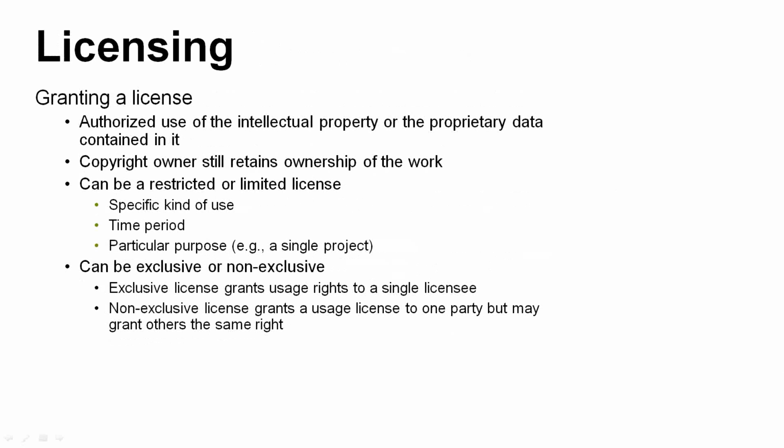So we talked about licensing and said if we own the copyright, then we can retain that ownership, but give someone a license to use our work in some way. And if we have a license, it needs to be defined.